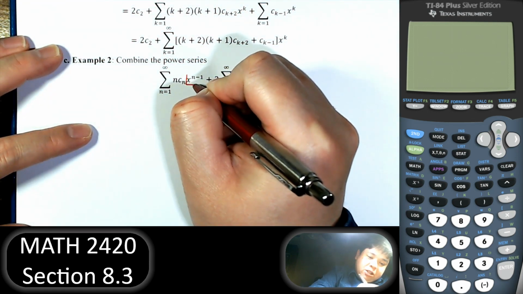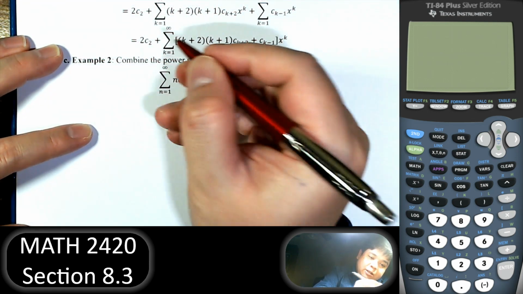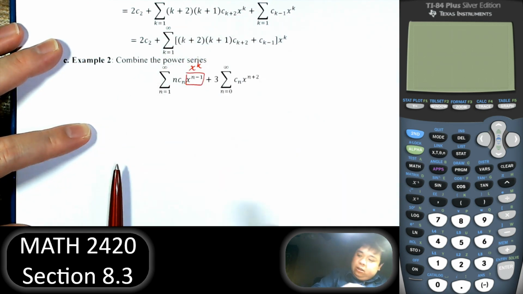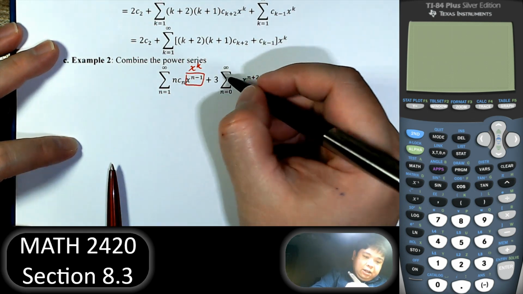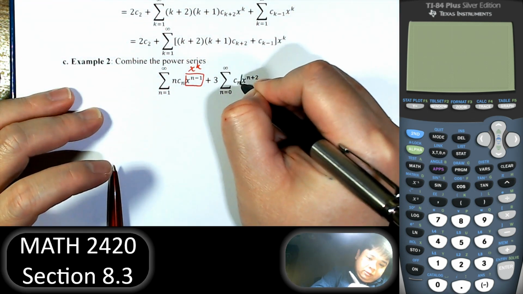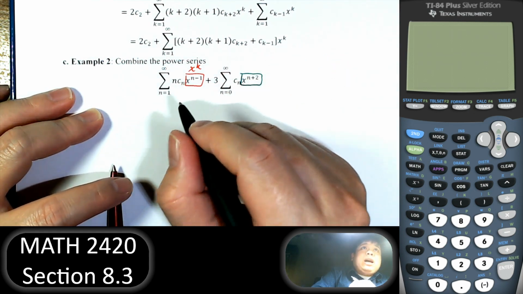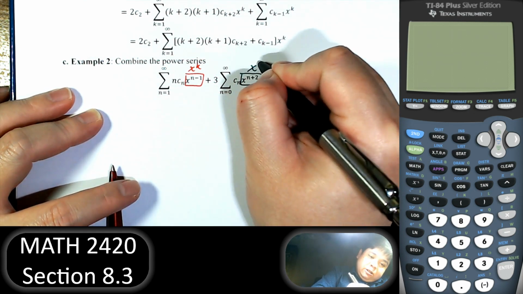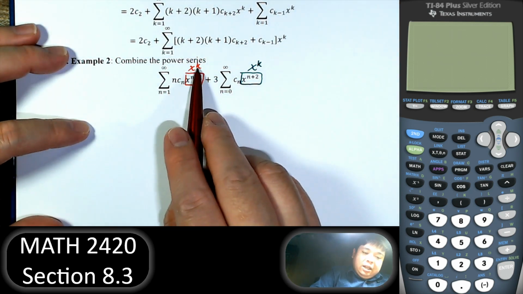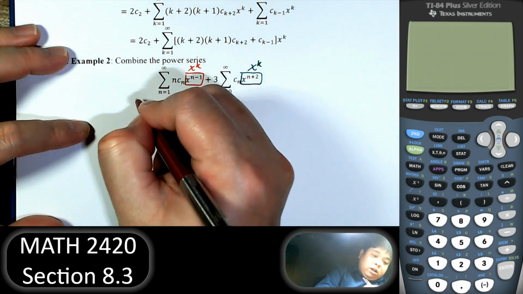So first, this has to be x to the k, right? And this has to be x to the k as well. So for that, in this series we say k equal to n minus 1.